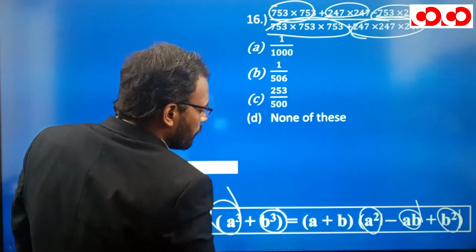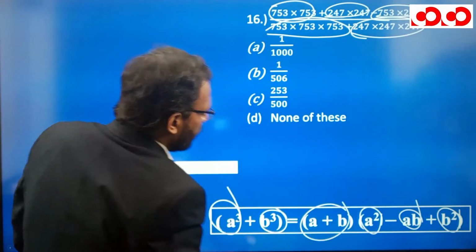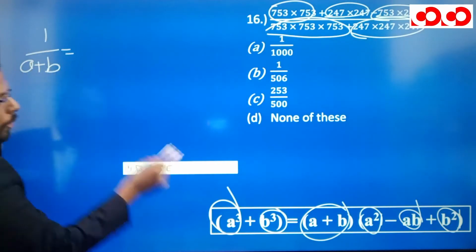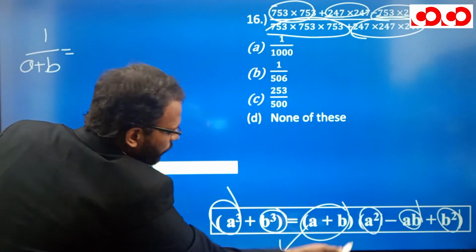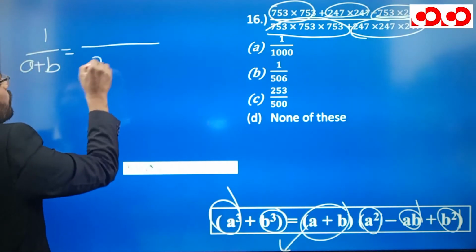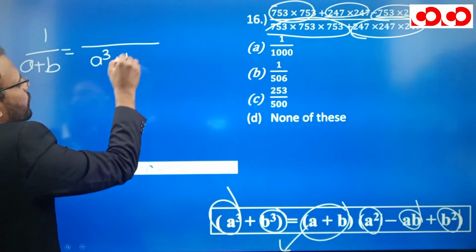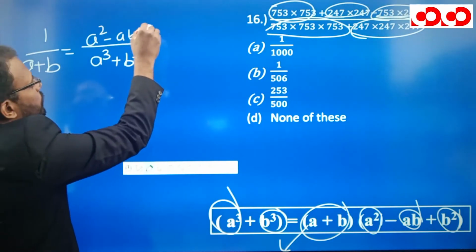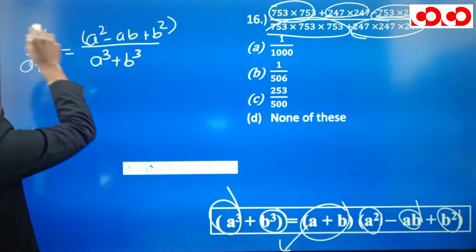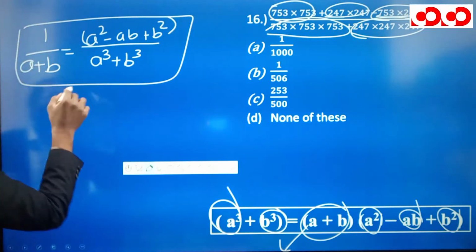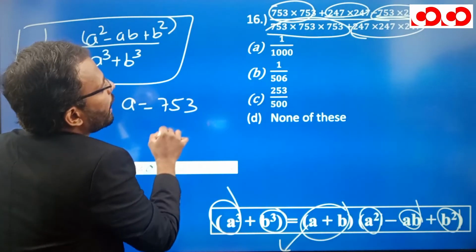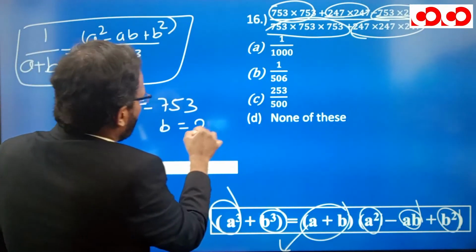So what we can put here is this a by b. This means 1 by (a plus b) is equal to, if I take this over here, this will go on the denominator. It will be a cube plus b cube, and this will be a square minus ab plus b square, right? We can put it like this. Now here my a is 753 and my b is 247.